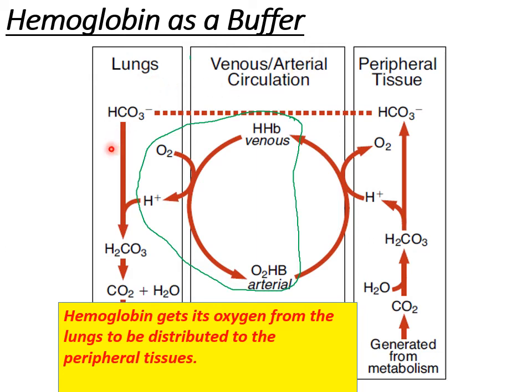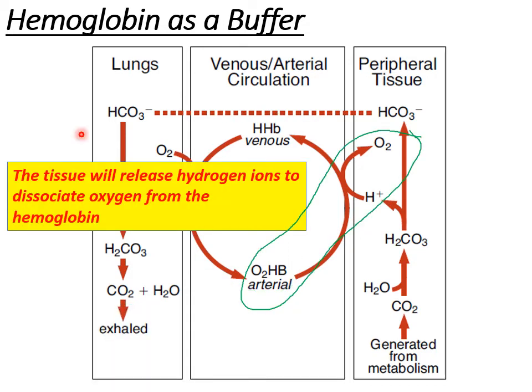So, first, hemoglobin will try to get its oxygen from the lungs, no? And then, it will form the oxyhemoglobin to be distributed towards the peripheral tissue or the target organs.